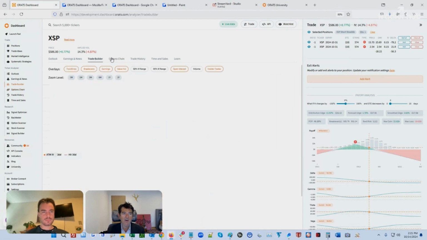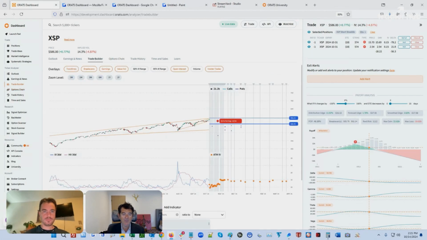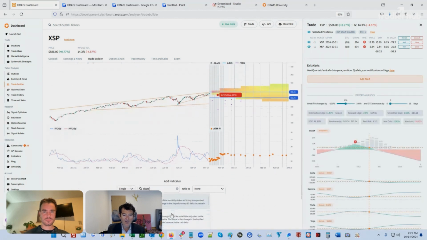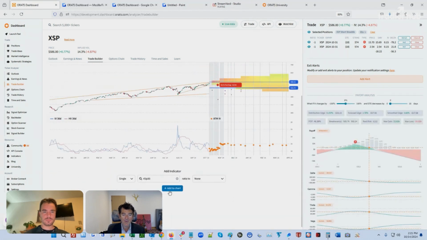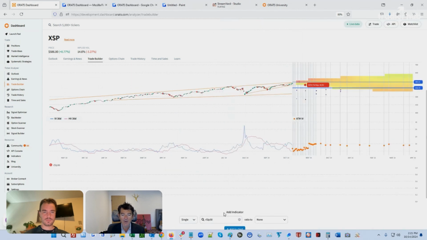Let's see in the trade builder. We'll pull up slope, and we'll see what actually happened to slope here. So slope came down quite a bit from a high number. This is actually really steep, Tyler. We've been watching slope for a while.